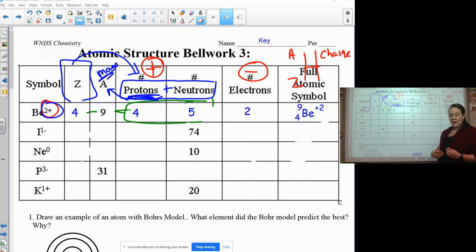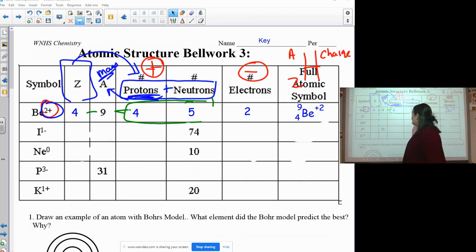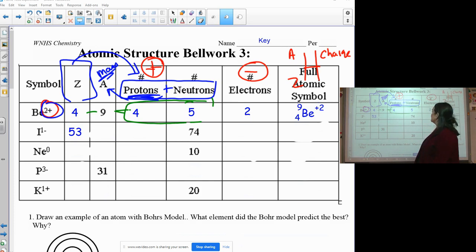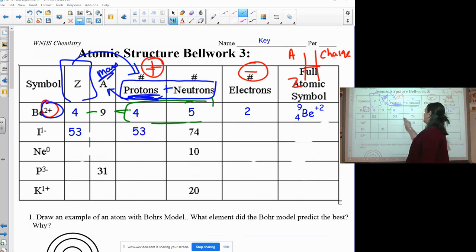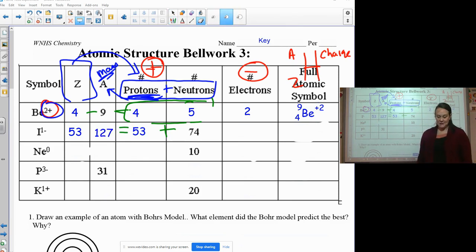Let's have you guys try iodine, -1. So iodine is on the right, almost halfway down on the right-hand side. You see that he has 53 protons. Now, you don't want to always just take the mass off of the periodic table. I have 53 protons and 74 neutrons, so I'm going to add those together to give me 127 as my mass.